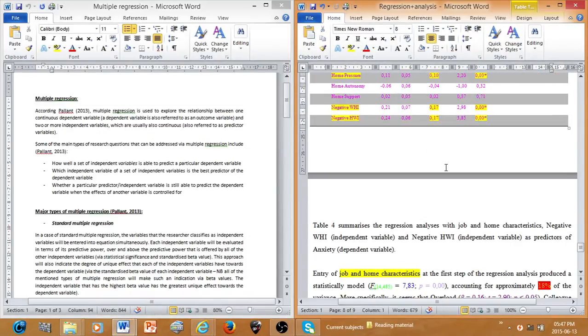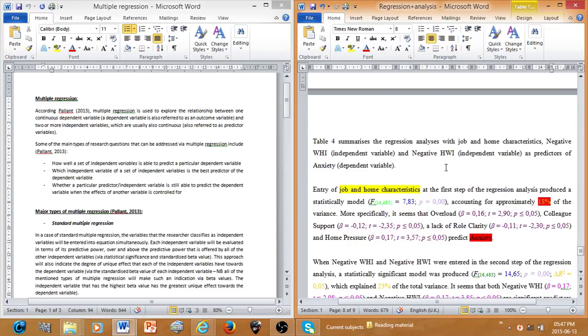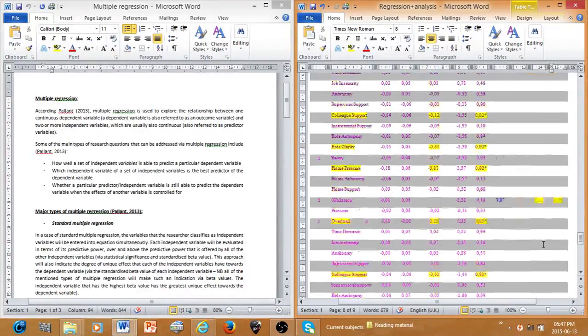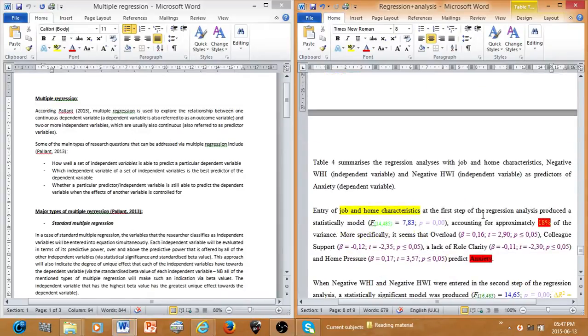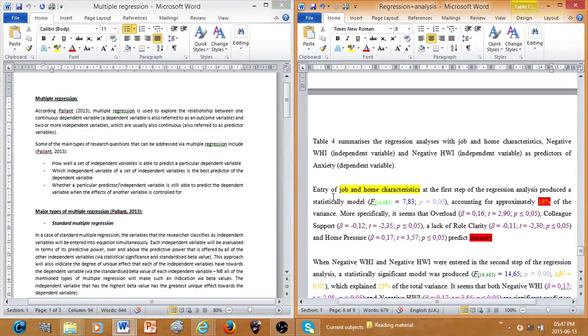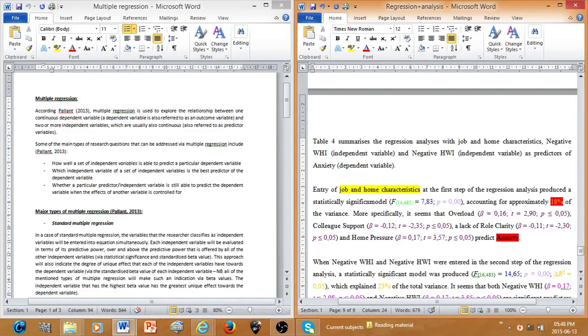Okay, and then for interest's sake, like I said over here, I marked it 18%. Okay, so don't get nervous when you look at all these fancy numbers. Now, entry of job and home characteristics at the first step of the regression analysis produced a statistically significant model, accounting for approximately 18% of the variance.